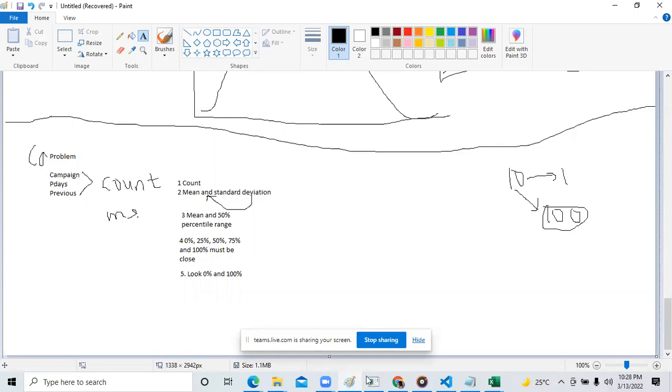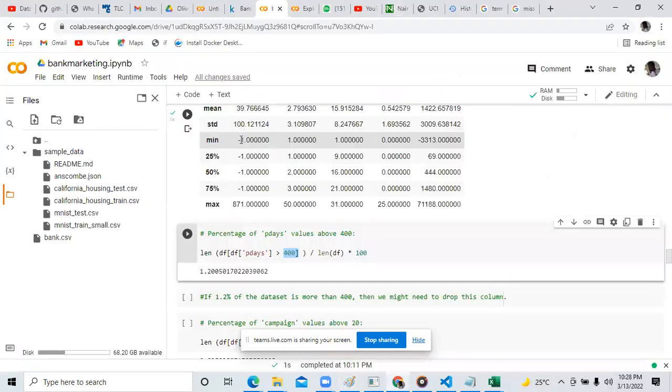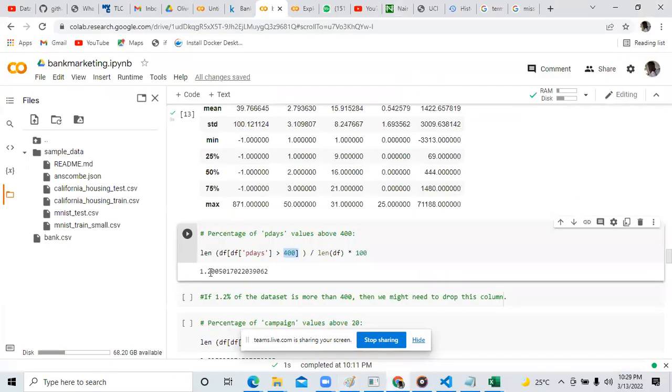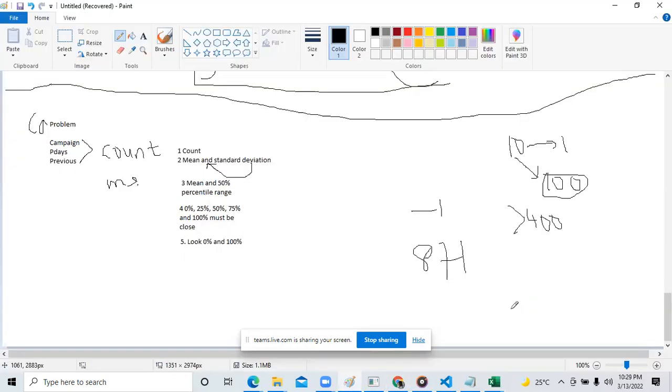So data set is telling us that minimum is -1, maximum is 871. I'm just doing a manual check to say, let me see what percentage of this data set is over 400, right? And we found out that 1.2% of this data set is more than 400, is over 400.